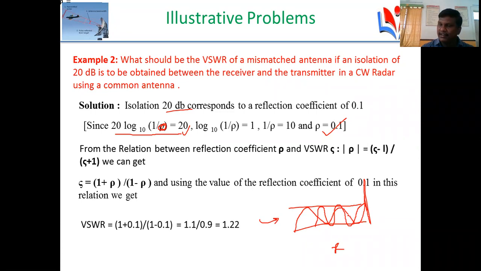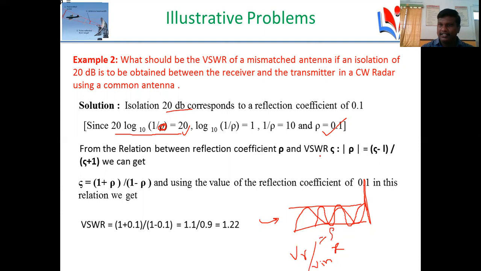Is it 10% of the transmitted, or is it 20%? That is calculated as the reflection coefficient: reflected voltage divided by incident voltage. That is taken as rho.